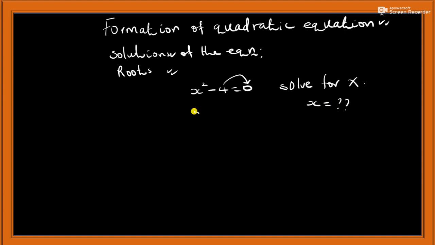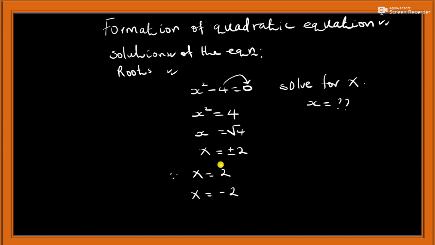When it crosses this side, it becomes positive: x squared equals 4. To get the value of x, I take the square root on both sides, the square root of 4. So x equals positive or negative 2, since the square root of a number is positive or negative. Therefore, x is 2 and x is negative 2.